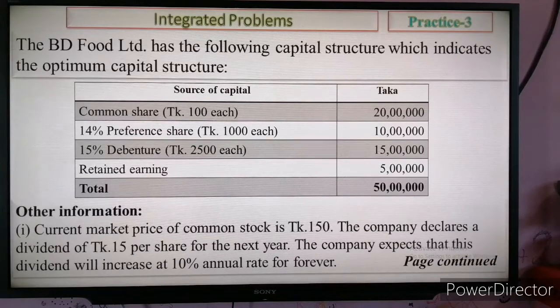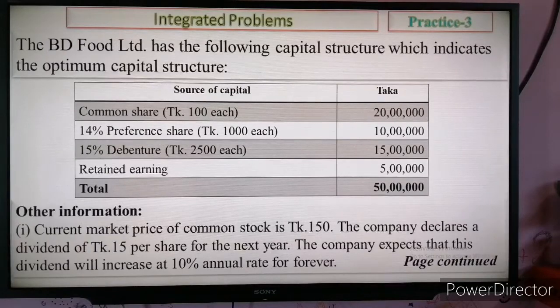The current market price of common stock is 150. This is called P0. The company declares a dividend of 15 per share for the next year. This is absolutely D1. The company expects that this dividend will increase at 10% annually forever. This is definitely the growth rate, g. There is no flotation cost in the question.